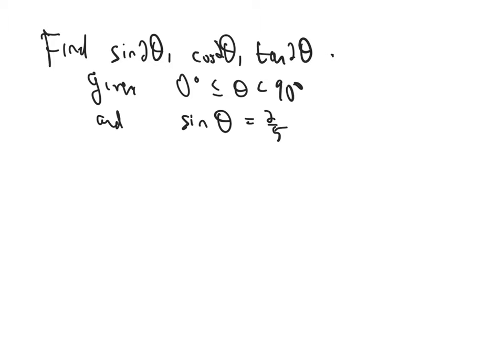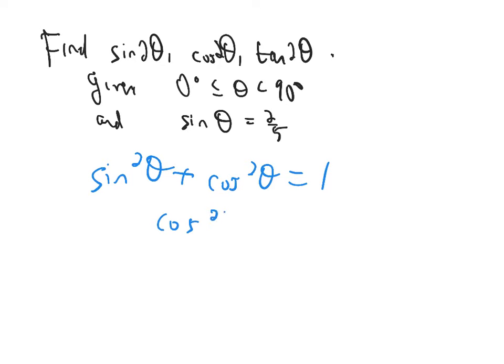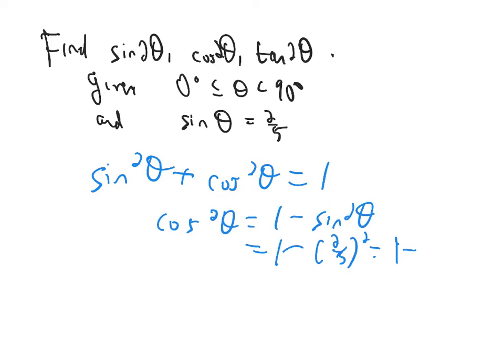So our first thing is to build the other trig functions of sine and cosine, which we can do relatively easily because we know from the Pythagorean identity that sine squared theta plus cosine squared theta is 1. So cosine squared theta is 1 minus sine squared theta, which is 1 minus the quantity 2/5 squared, or 1 minus 4/25, or 21/25.